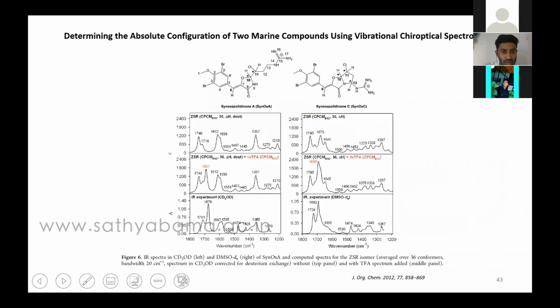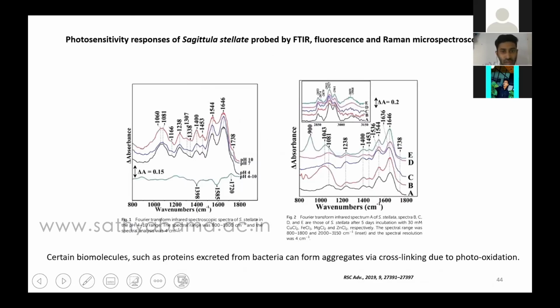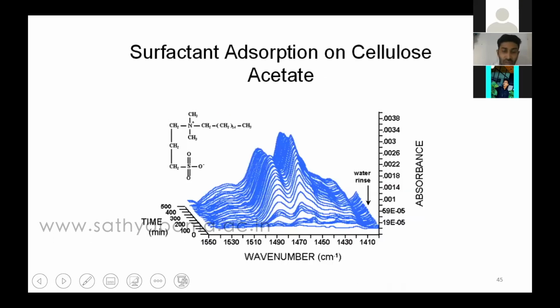This is another marine compound, Sinox, basically an azoledione, and this is how you get a spectra before and after the reaction. You get the isomer, and like this. So this is another spectra, just a new study I've taken. You can also do a time scan.